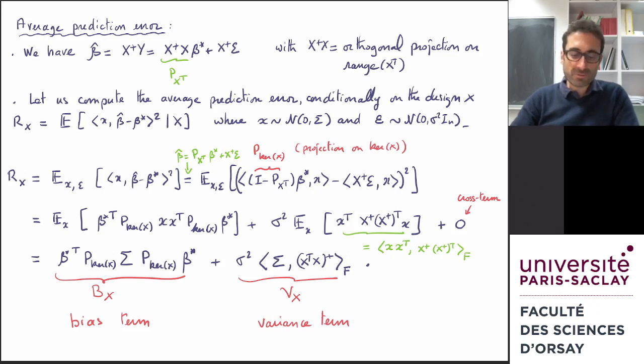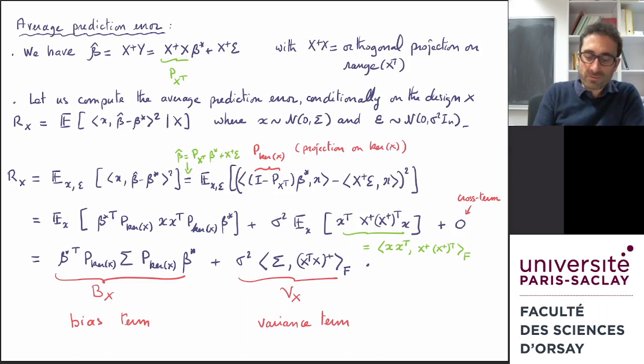So if I want to look at the prediction error conditionally on the design x, what I will do, I will compare the prediction beta hat scalar x to the prediction beta star scalar x. I take the difference to the square, and then I will take expectation.